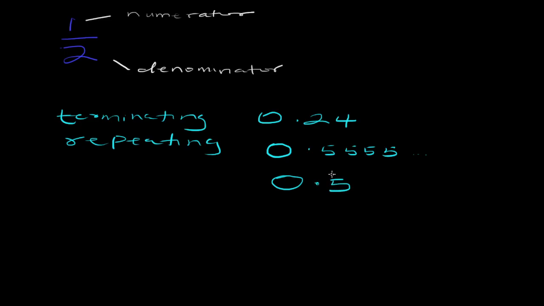We write the 5 and put a bar on top of the 5, telling us that this is a repeating decimal. So there are some fractions that when we change to decimals, they terminate, and other fractions that do not terminate. We call them repeating decimals.